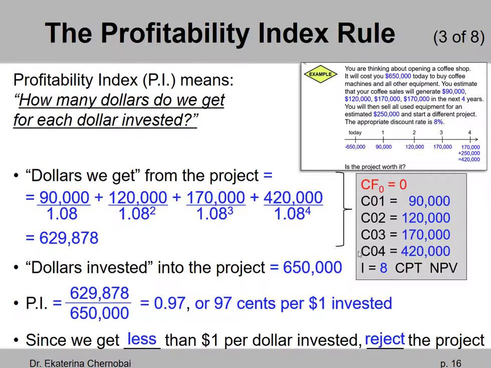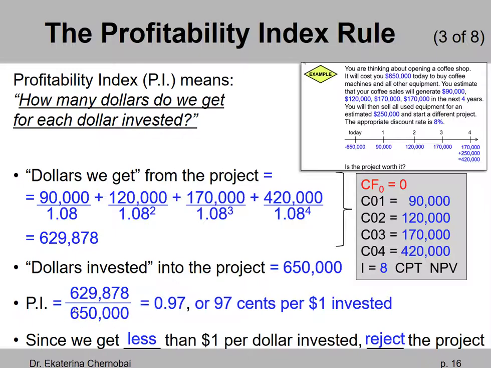So to summarize, we first calculate the present value of all future cash flows, and then we divide their net present value by the initial investment. And for the initial investment, we ignore the negative sign. So we kind of use the absolute value of it.